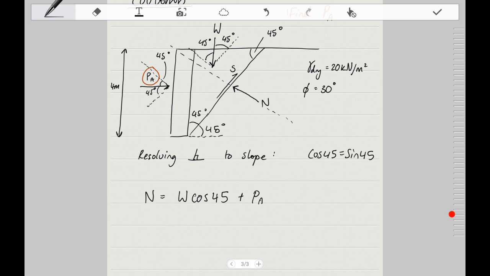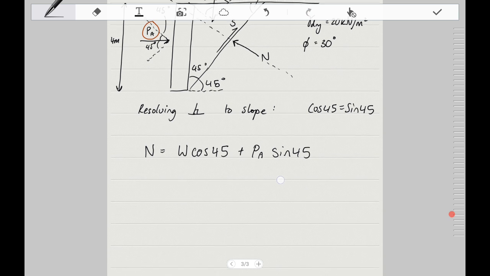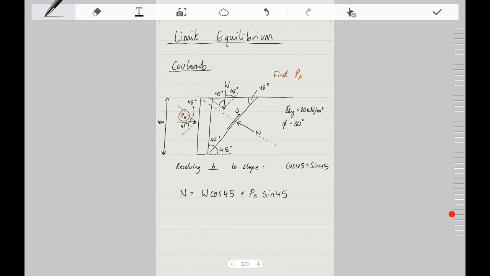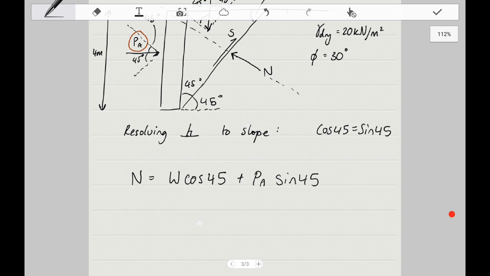Plus PA sine 45. So that's what we've done so far. Remember, we're using the Coulomb. You might be thinking, where do the Ka, the Kp and all that stuff come in? All that stuff's under Rankine. Coulomb doesn't use that in his equations.